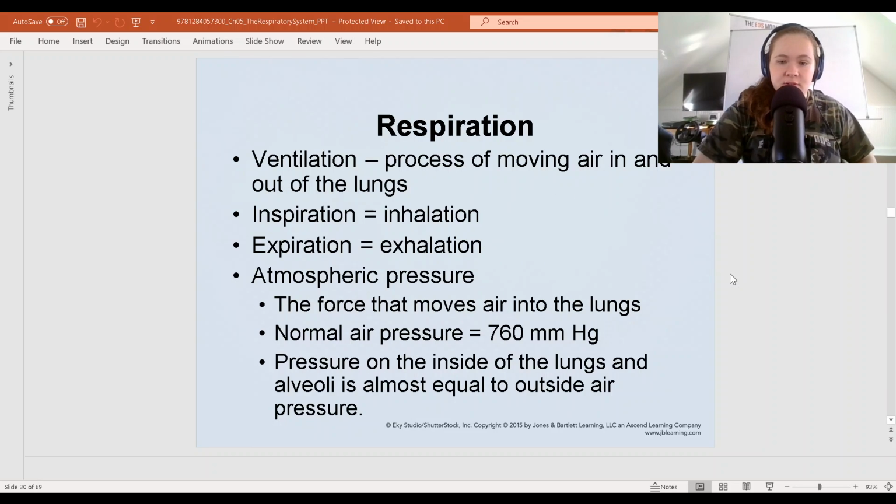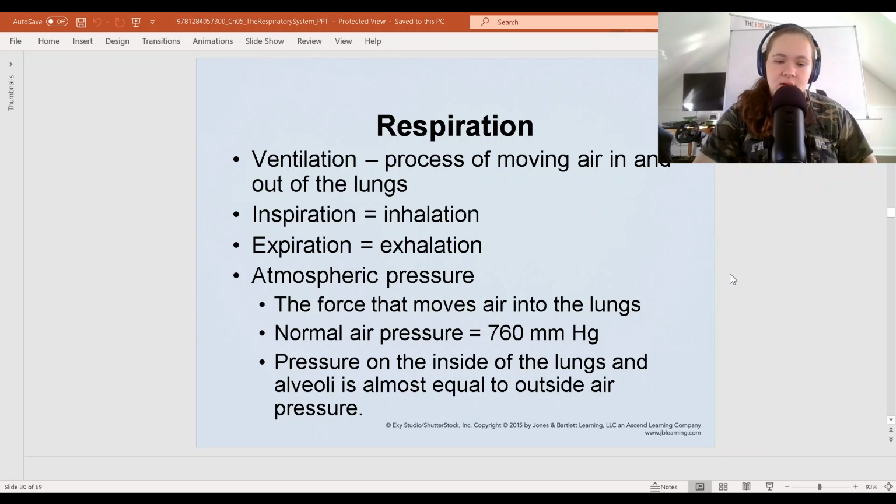Respiration is ventilation, which is the process of moving air in and out of the lungs. Inspiration is inhalation. Expiration is exhalation. Atmospheric pressure is the force that moves air into the lungs, and normal air pressure is 760 millimeters Hg.